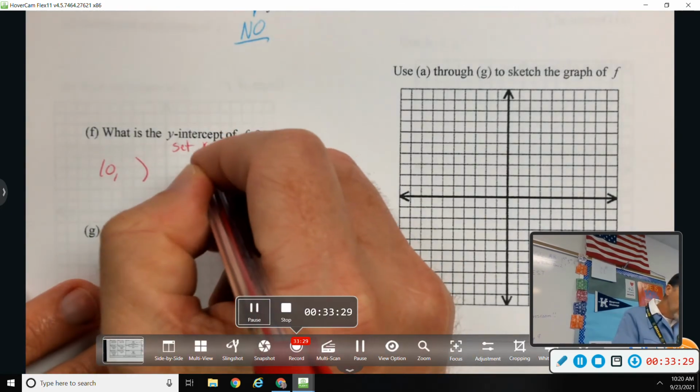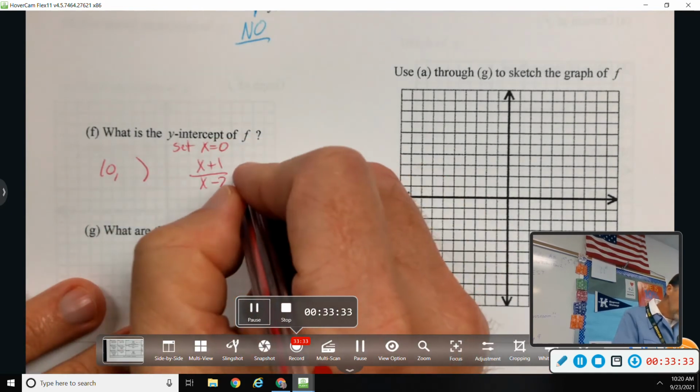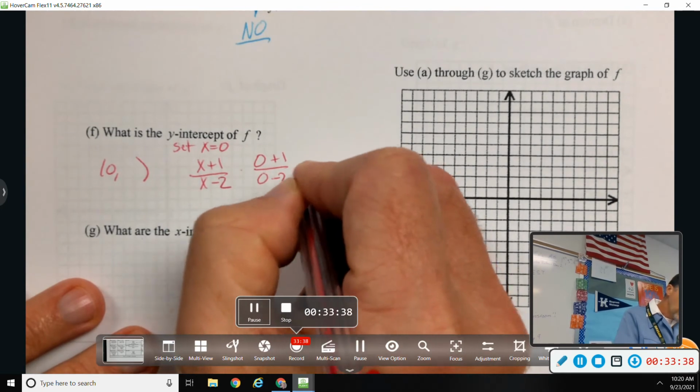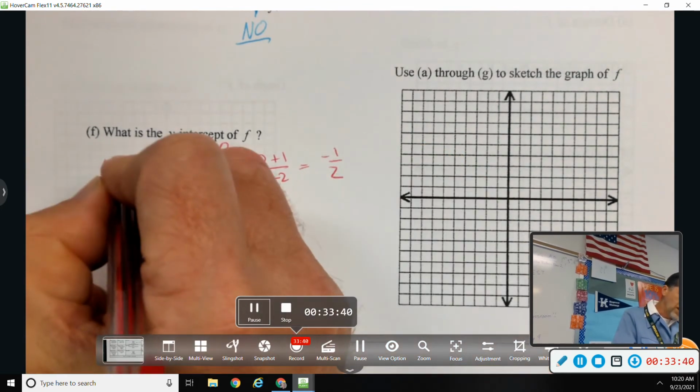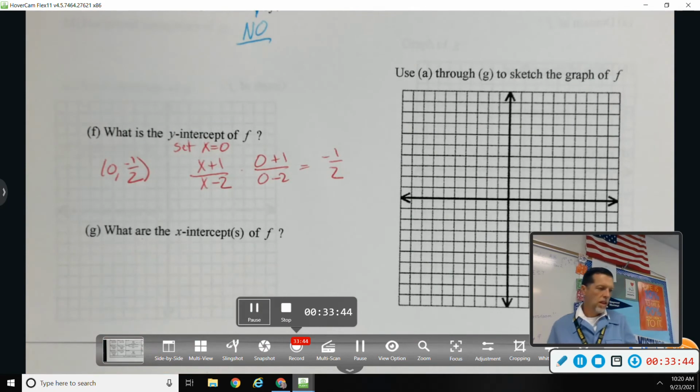So x plus 1 over x minus 2. If we evaluate that at 0, we get negative 1/2. Right, 1 over negative 2.